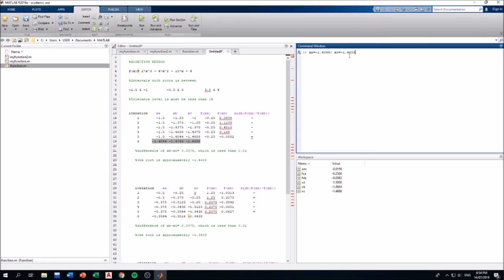X sub c is negative 1.4688. Finding the middle term will give us negative 1.4766. Now we can see that it is less than 0.01.